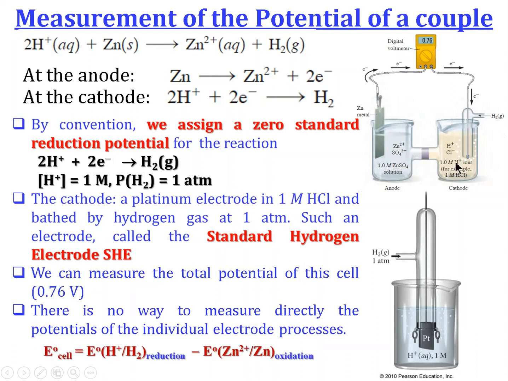E0 of the cell in this example equals E0 of the couple H+/H2 at the reduction minus E0 of the couple Zn2+/Zn at the oxidation. And since E0 of H+/H2 at the reduction equals 0, in this case the potential of the couple Zn2+/Zn equals minus E of the cell, which equals minus 0.76 volt.